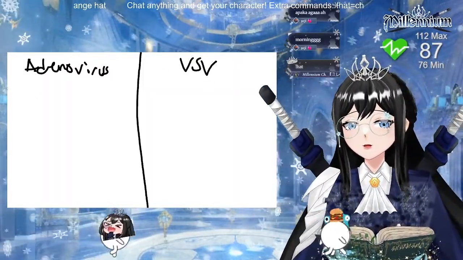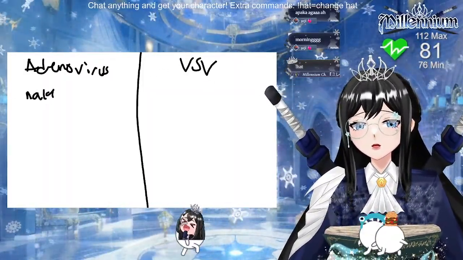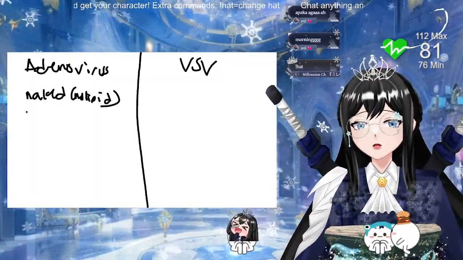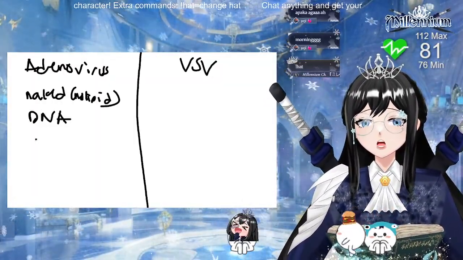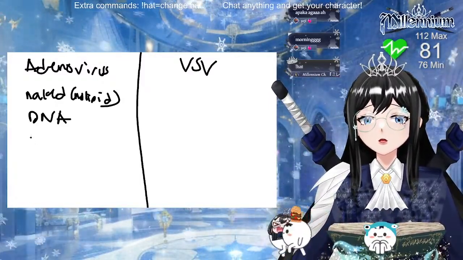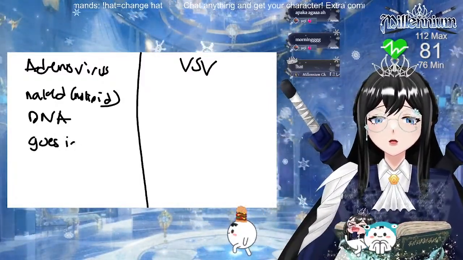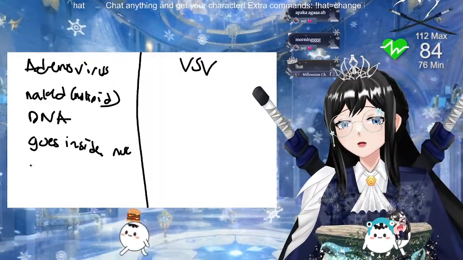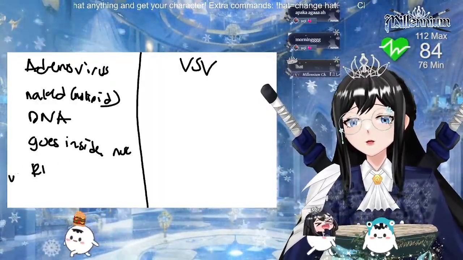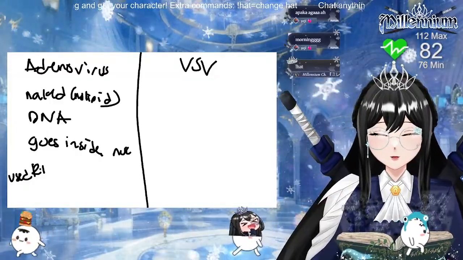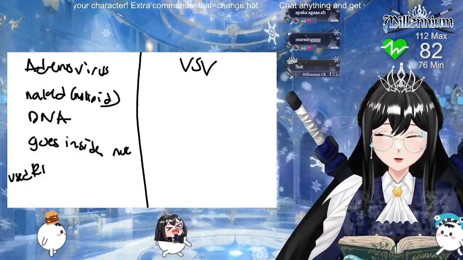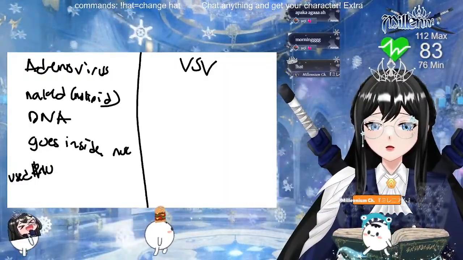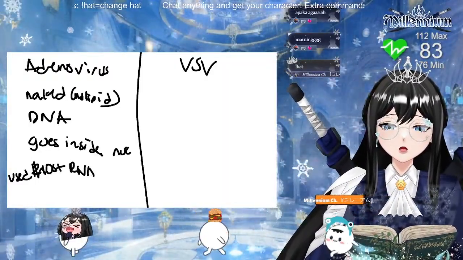So what's this one? This is a naked virus, no lipid layer. This one uses DNA, and then this one goes inside the nucleus, and then it can use the host RNA machinery. DNA viruses like adenovirus can use the host RNA machinery.